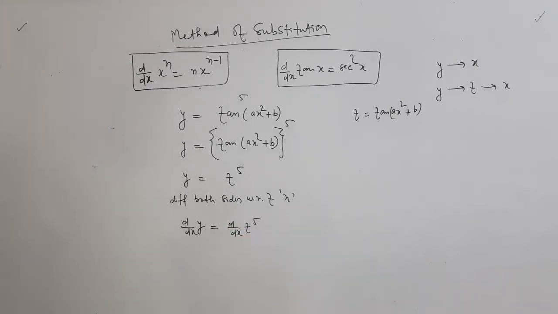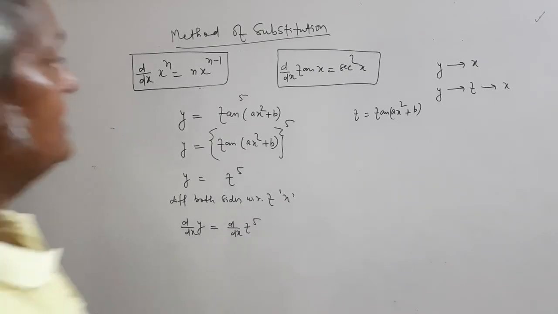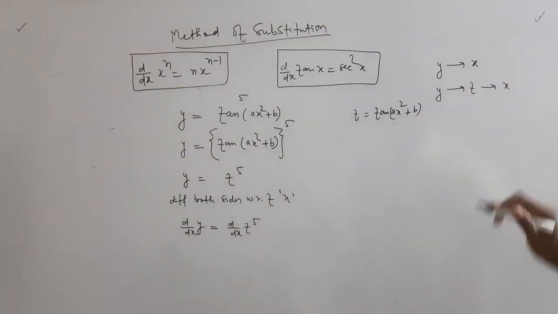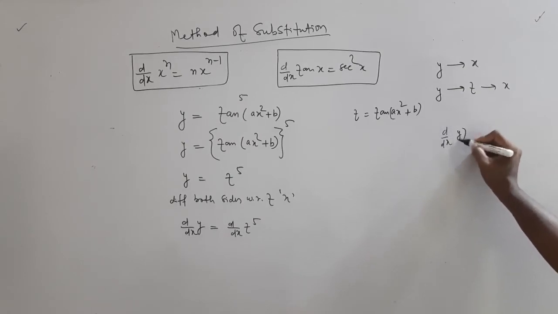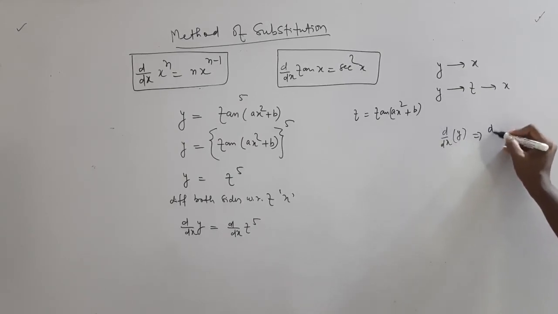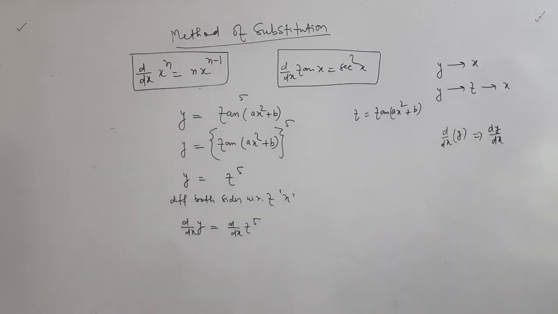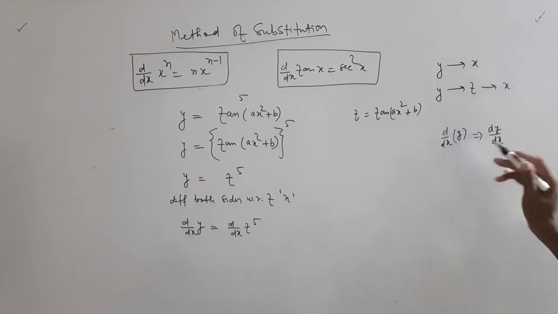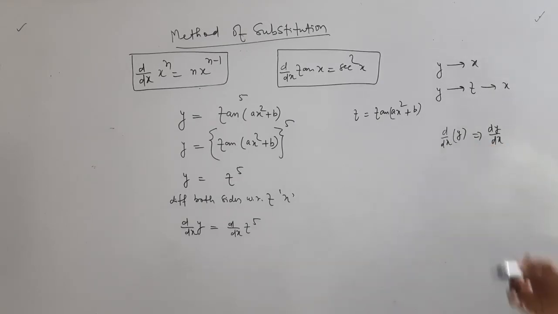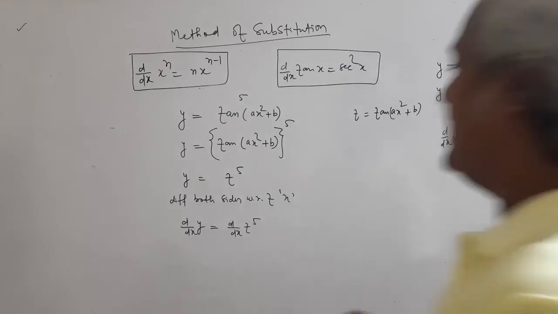One thing I'll tell you here, I think this is the time you can understand it now: when I say d by dx of y, and then next time I write dy over dx, they are the same thing, because this is again y. How can we differentiate y with respect to x if it is not a function of x? Then again here also we have to use the chain rule.